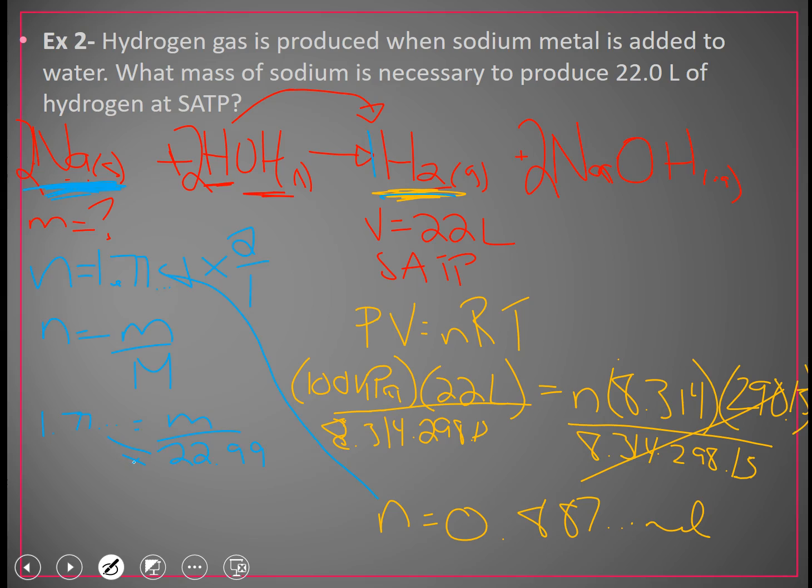And so I'll just cross multiply. And the mass of sodium that would react in order to get that 22 liters of hydrogen gas, with proper sig digs as 3 sig digs, is 40.8 grams. Just a massive piece of sodium. And then they'd have to harvest that hydrogen somehow.